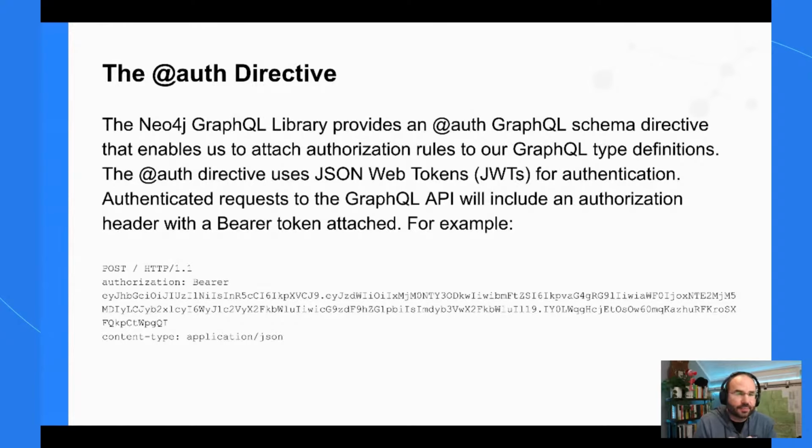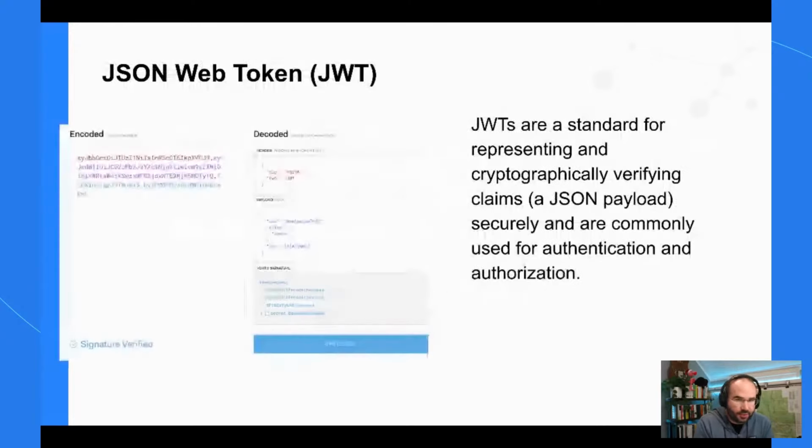So JSON Web Tokens, if you're not familiar with these, are basically like signed JSON payloads, I guess is a way to think of them. We have some, they're called claims in the token that say like, this is my username, this is my email, this is my role, whatever.